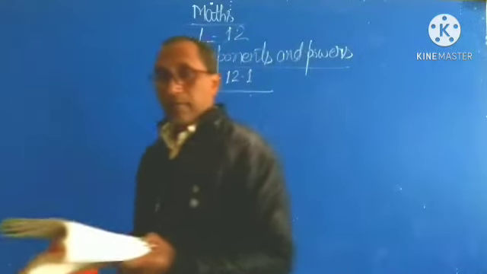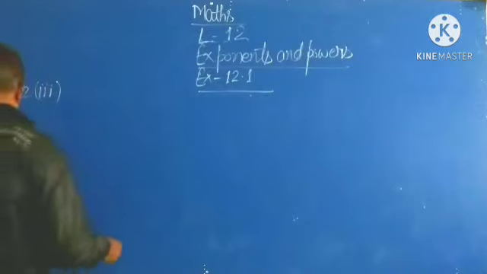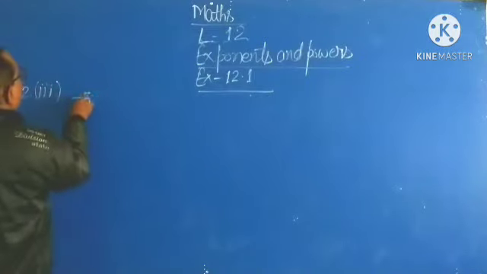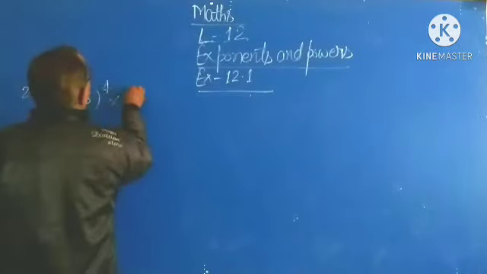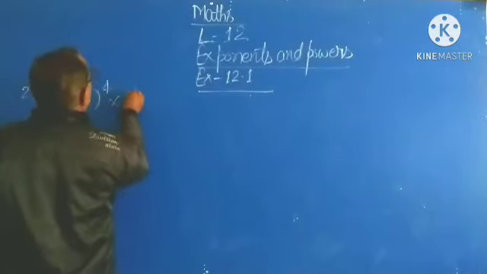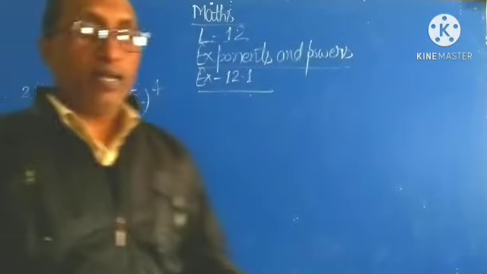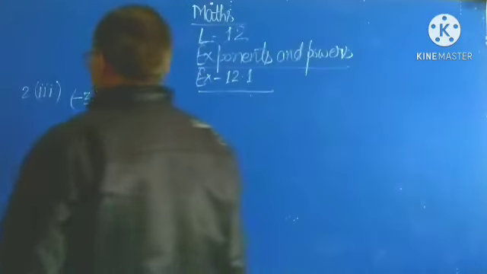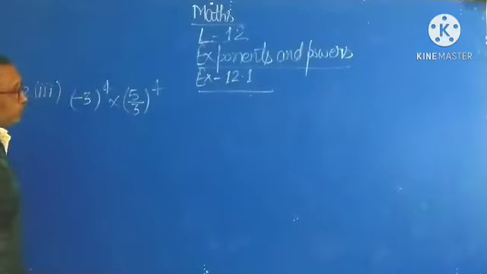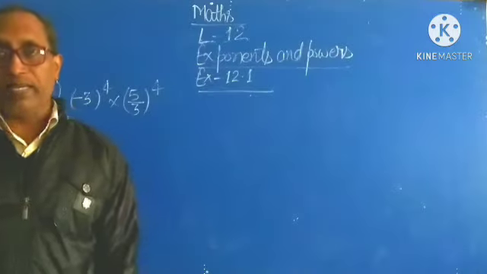Question number 2, third part is minus 3 raised to power 4 into 5 by 3 raised to power 4. You simplify this by using the law of exponent a to power m into b to power m is equal to a into b whole to power m.